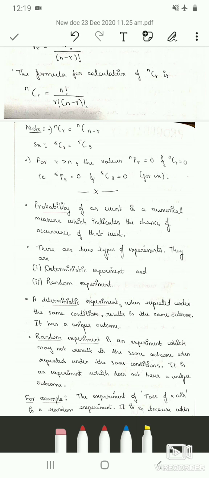So there is an equal chance of occurrence. Therefore, probability of an event is a numerical measure which indicates the chance of occurrence of that event. So here in this video we will study some of the important definitions of probability.